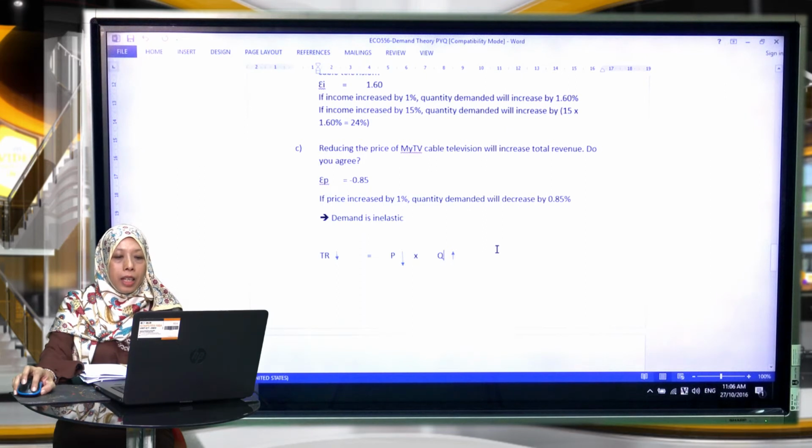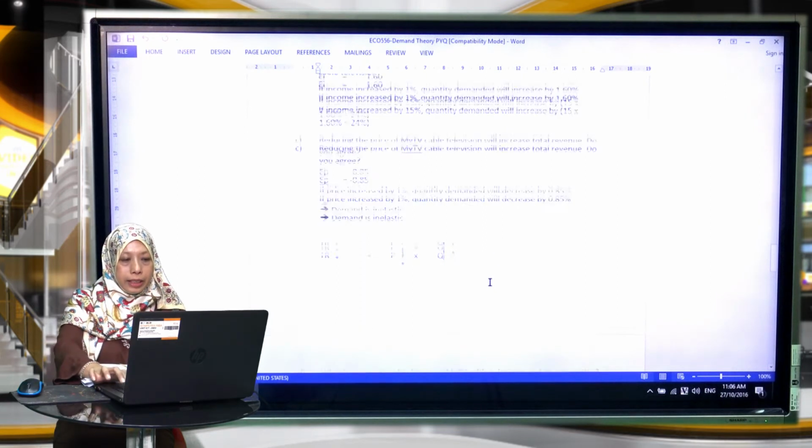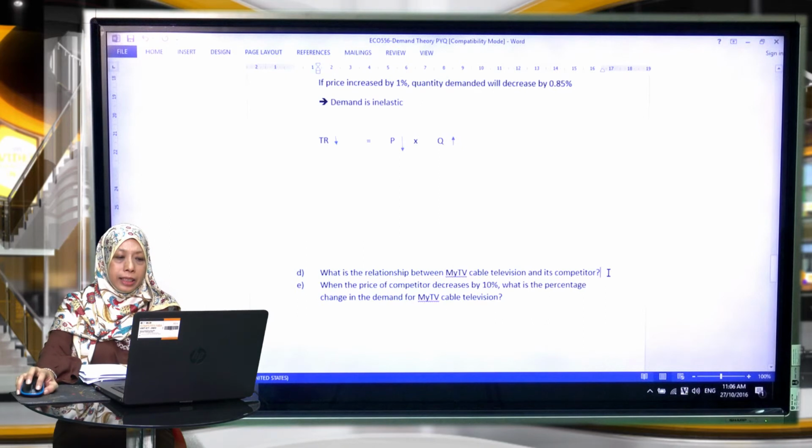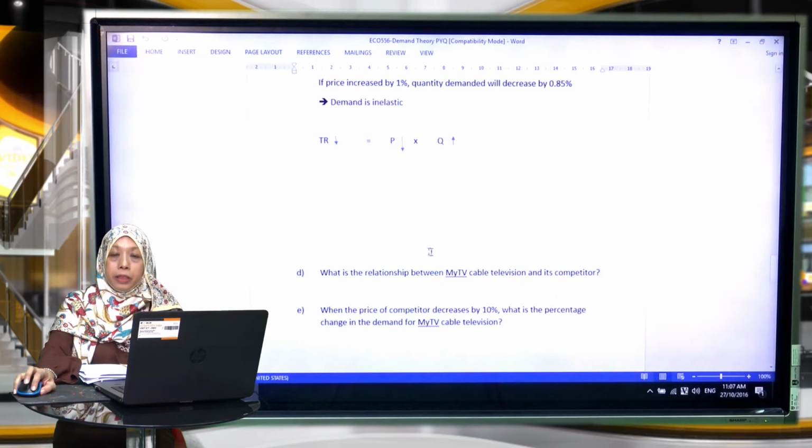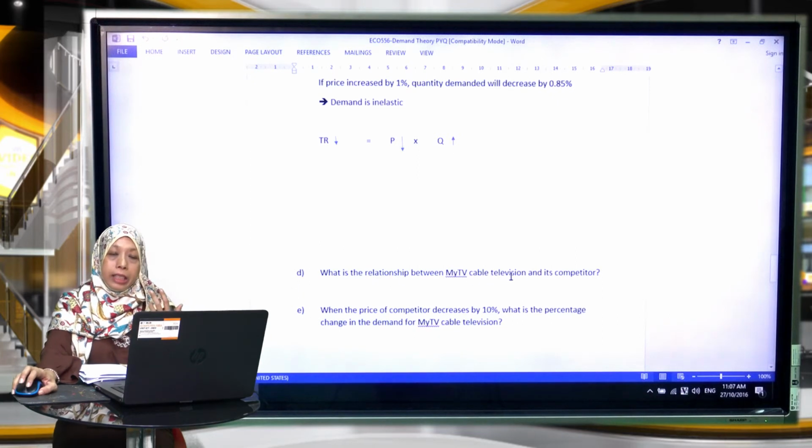Now, let's move on to question D. Question D says, what is the relationship between my TV cable television and its competitor? When you want to see the relationship between your product and another product, this requires you to look at the cross elasticity of demand.